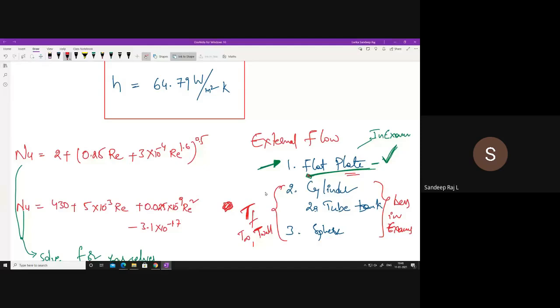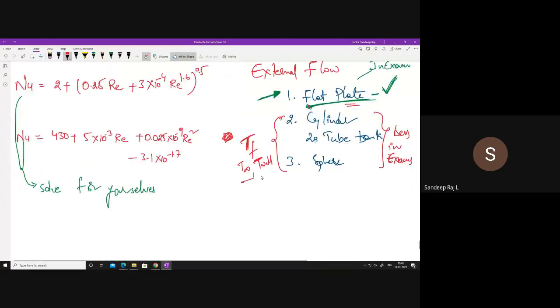You have to take hD by k. In place of the Reynolds number also, you will have to use D as the characteristic dimension. So these are the two major differences, the T_f and the D story. Otherwise, it is more similar to your flat plate case. So that's all from the external flow problem.